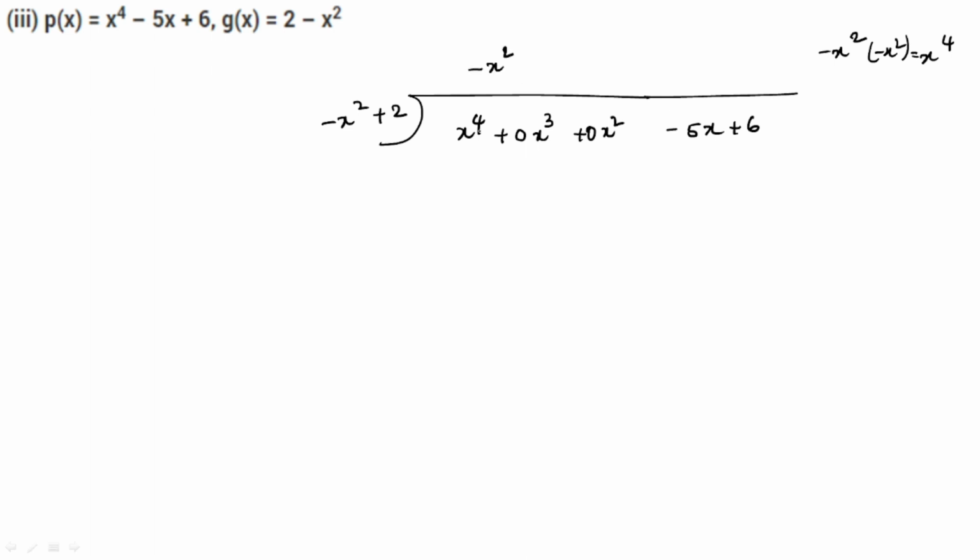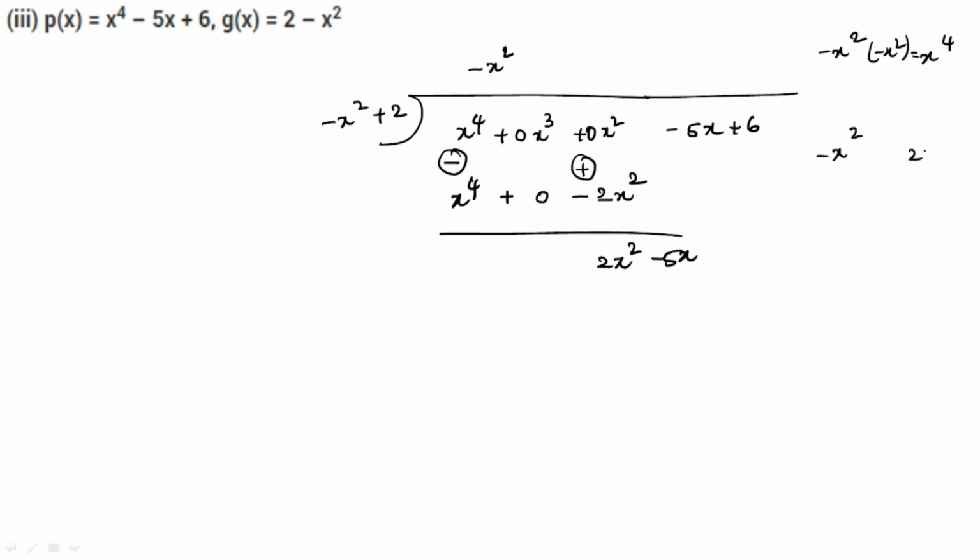When you multiply it with minus x square, this becomes x power 4, and there is no x cube term, so it becomes 0 here, as there is an x square term. Upon changing its signs, it becomes plus here, so 0, and it becomes 2x square. You bring down the next, that is 5x. To make them equal, it is minus x square and it is 2x square.